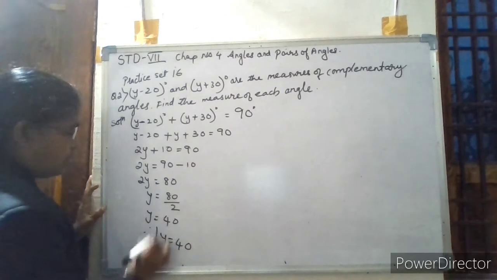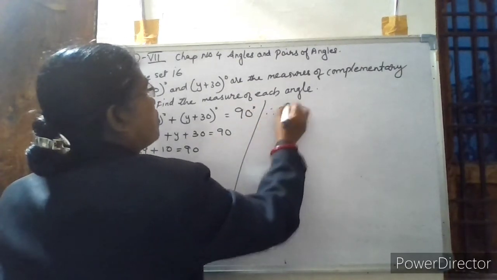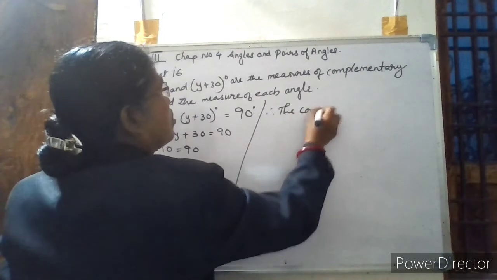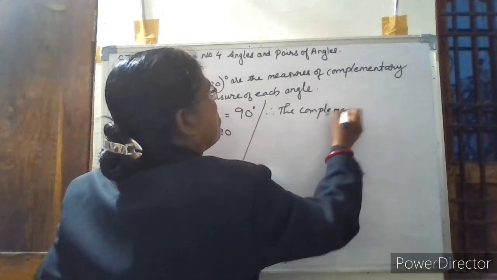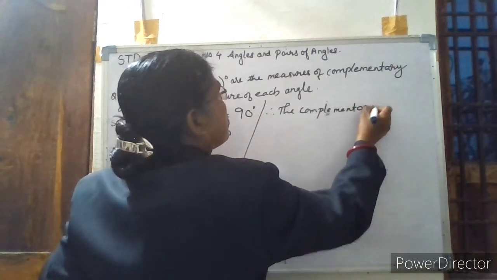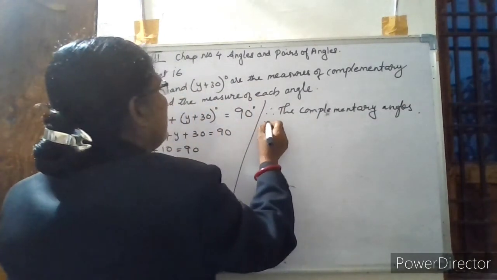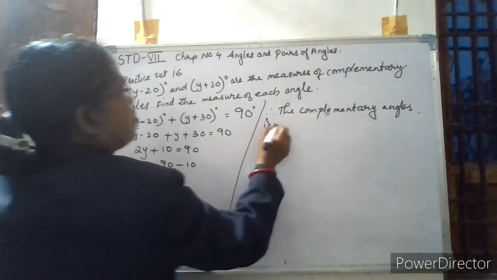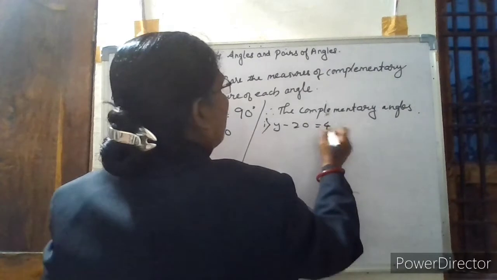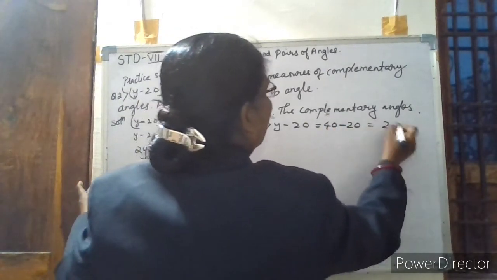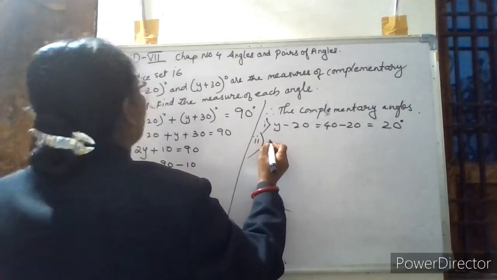Now I will find the complementary angles. The first one is y minus 20. Putting y value 40, 40 minus 20 gives 20 degrees. That is one angle we got. The next one is y plus 30.